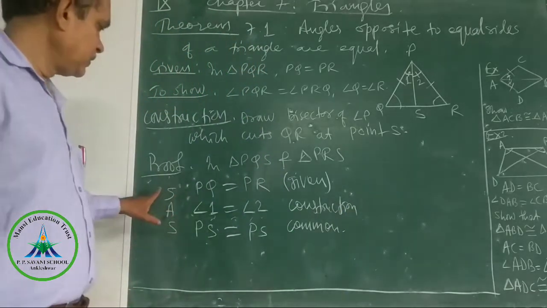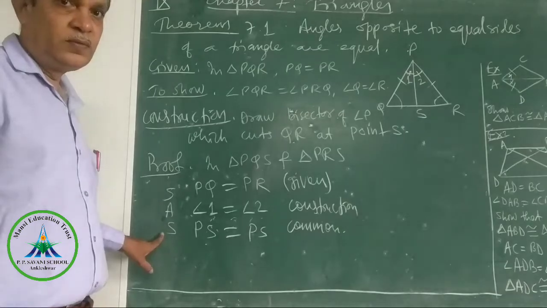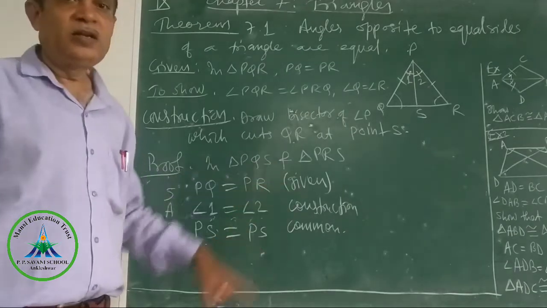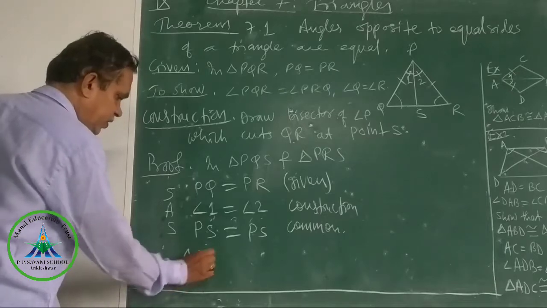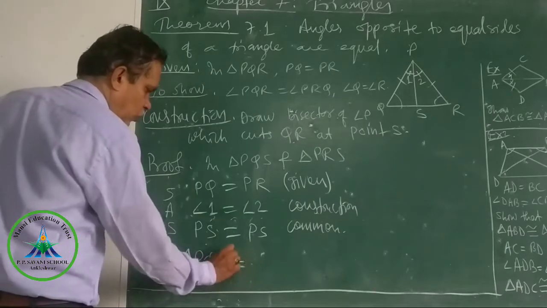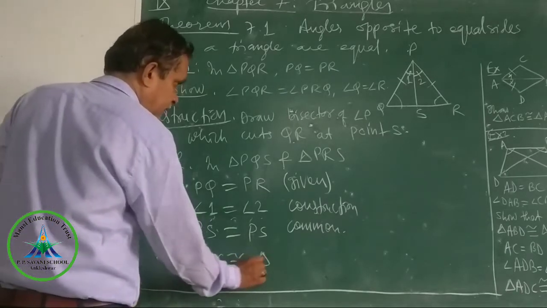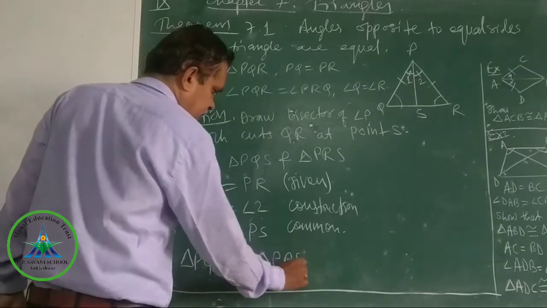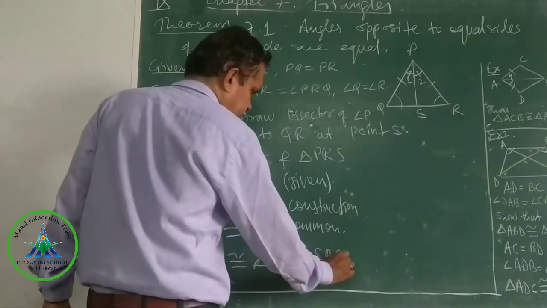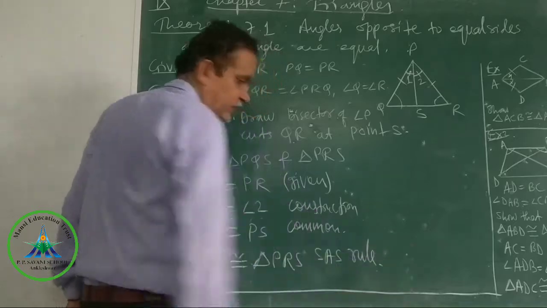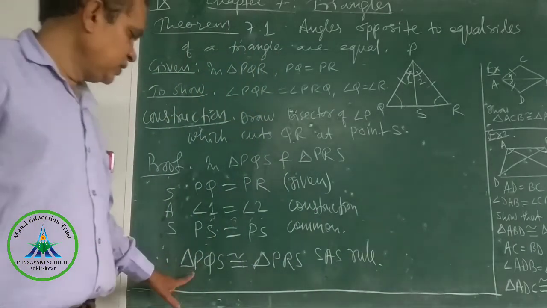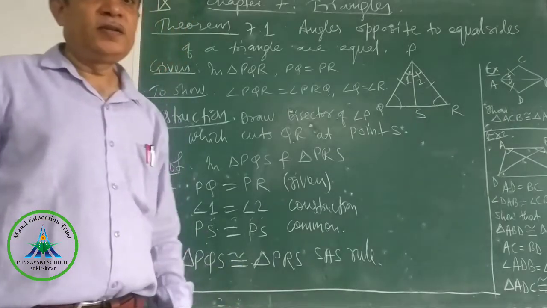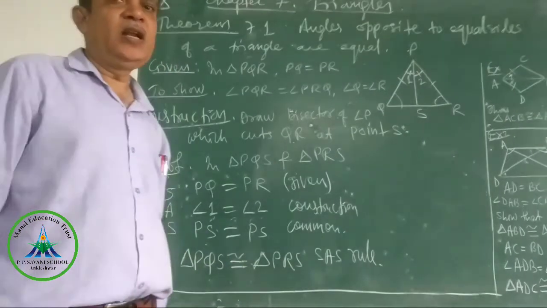And therefore by side angle side rule, these two triangles are congruent. Therefore triangle PQS congruent to triangle PRS, SAS rule. Got it? Now, if these triangles are congruent, then its corresponding parts are equal.